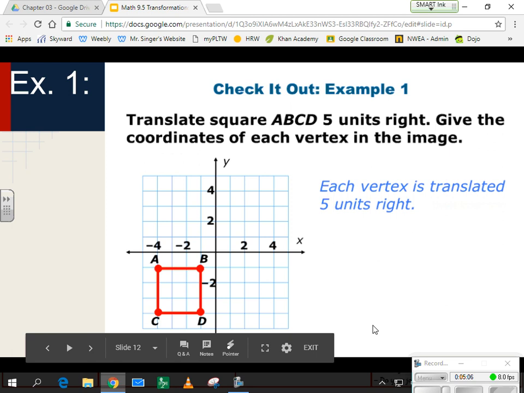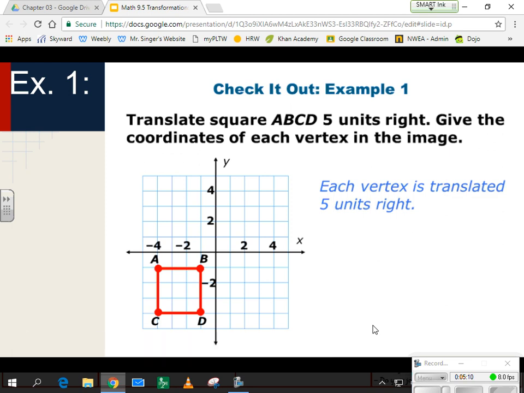All right, let's look at one more together. Now we have a square here, and we have to move the square 5 units to the right. Again, everything moves over 5 times, so I'll start with B. 1, 2, 3, 4, 5 puts us here. And there's a difference of 3 in between them, so if I go back 3, that's where A prime is going to be. And then C and D, I'll just make sure they line up right underneath them with the prime.